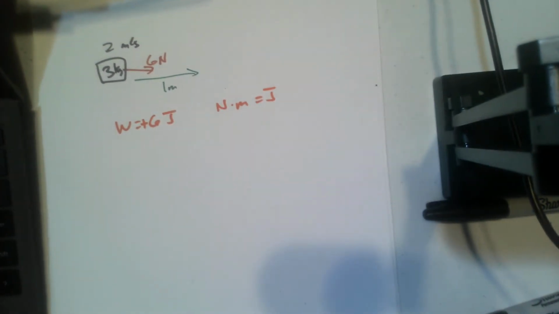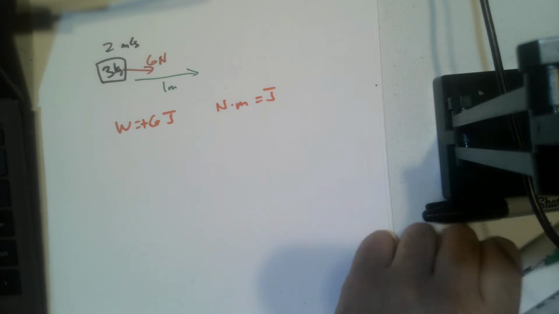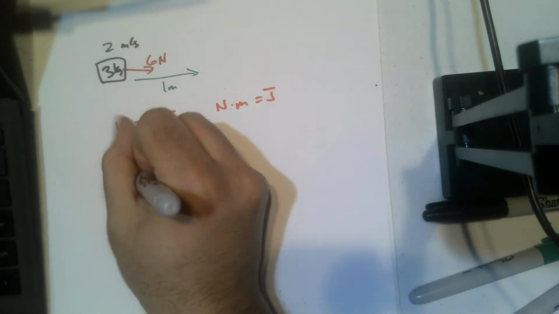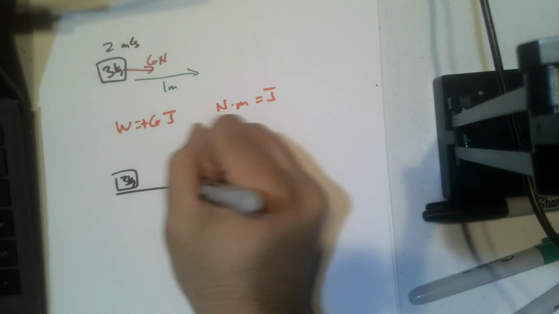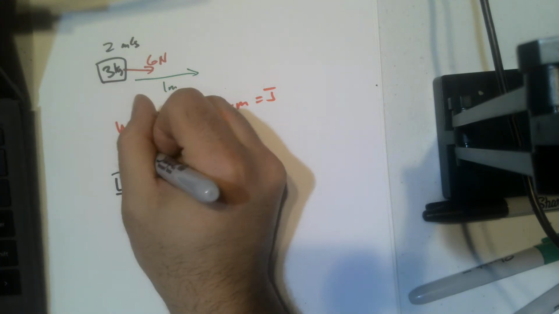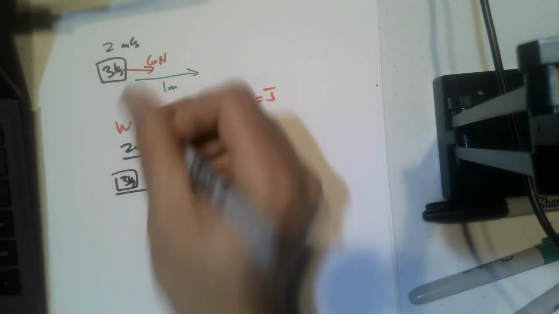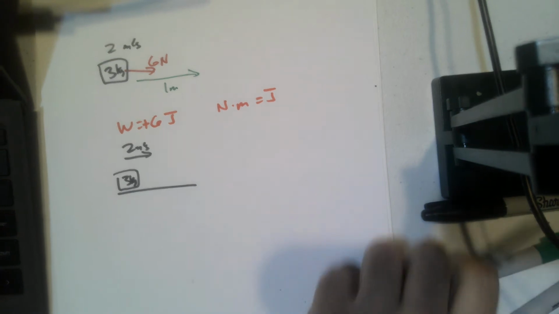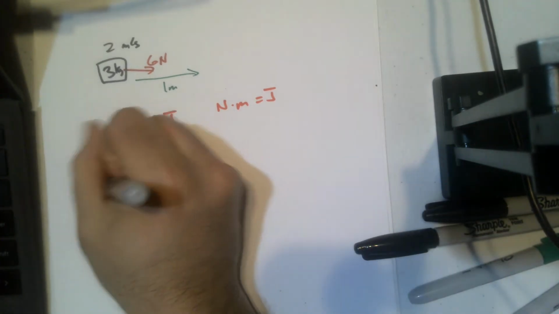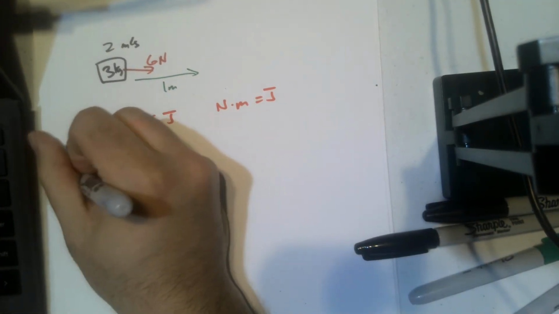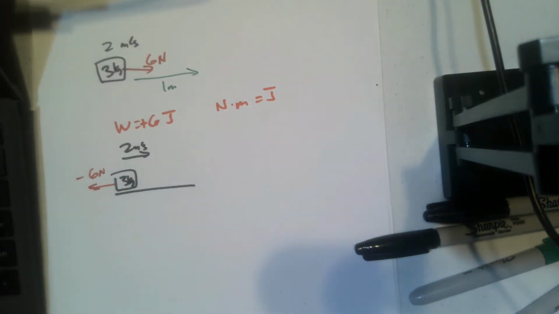What we want to go back to is possibly something different. You've got 3 kilograms here moving at 2 meters per second that way. But now let's apply a 6 Newton force that way, in the negative direction.